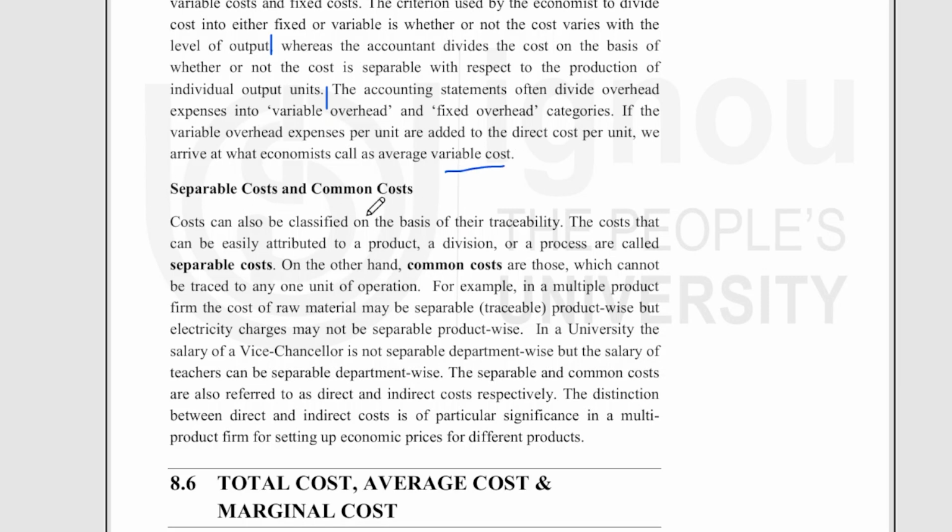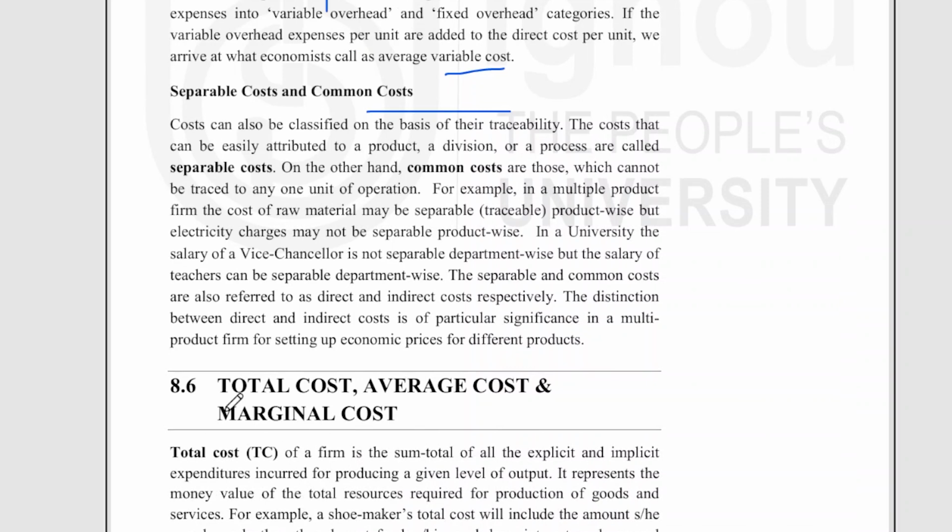Next is separable cost and common cost. Cost can also be classified on the basis of their traceability. The cost that can be easily attributed to a product, a division, or a process is called separable cost. On the other hand, common costs are those which cannot be traced to any one unit of operation. For example, in a multiple product firm, the cost of raw material may be separable or traceable product-wise, but electricity charges may not be separable product-wise.